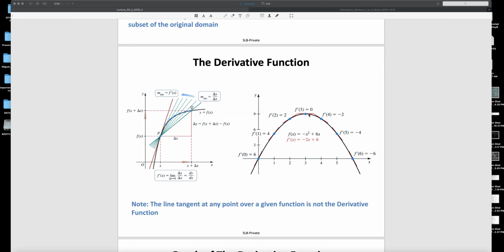If you look at the slope of each one of the tangent lines at those particular points, for instance at 0, at 1, at 2, you can see that the slope is positive. In other words, within this part of the curve, from 0 to 3, the derivative always is positive. And you can see at the same time that the function is increasing.